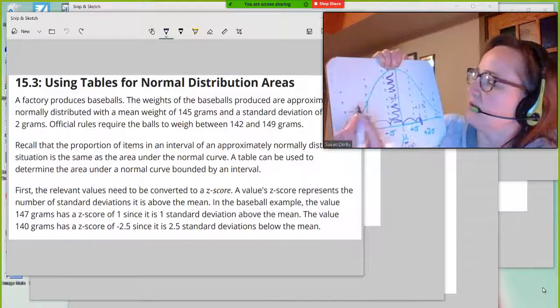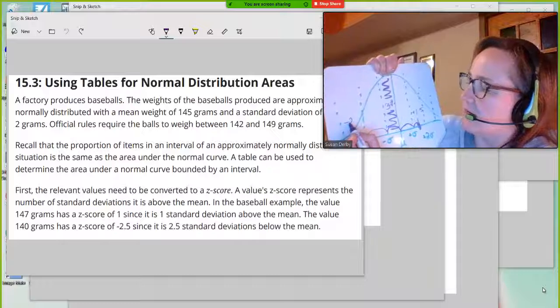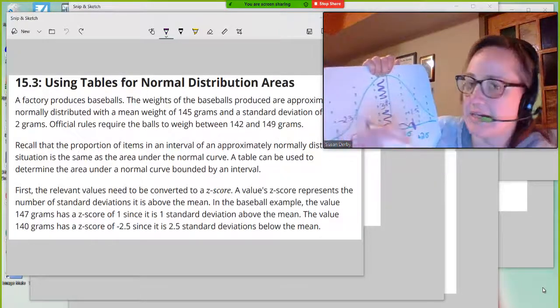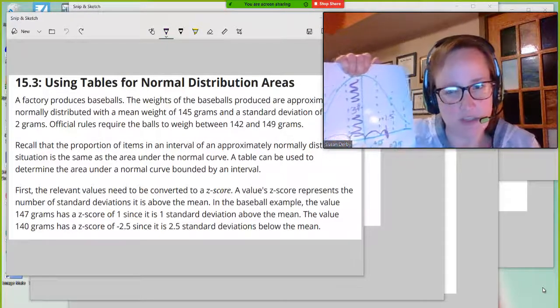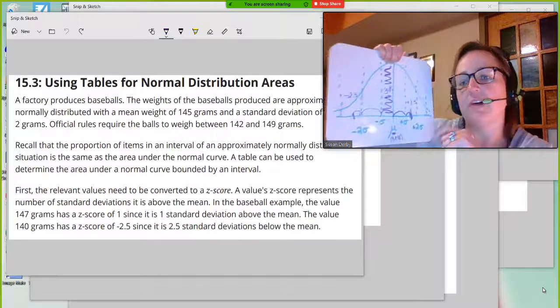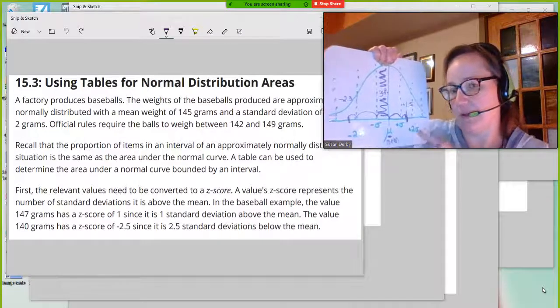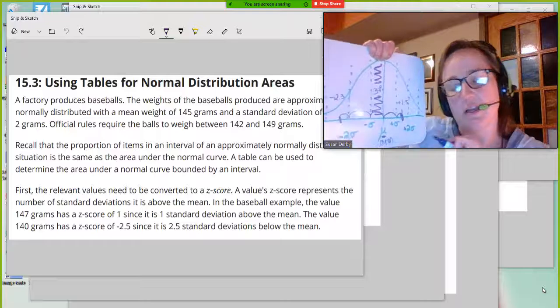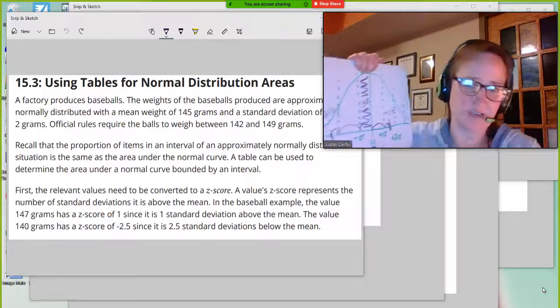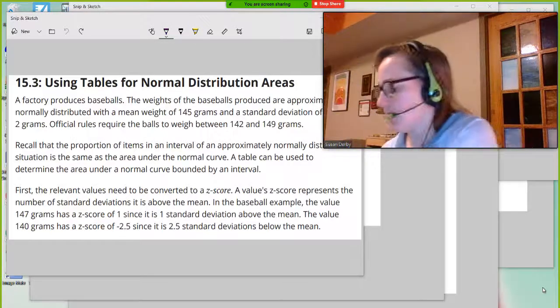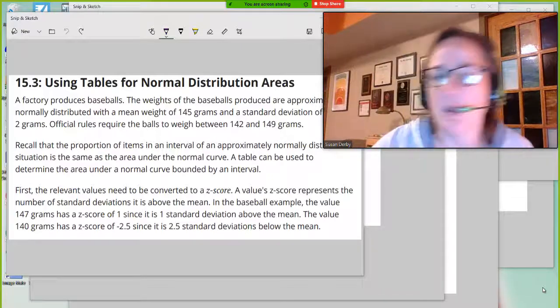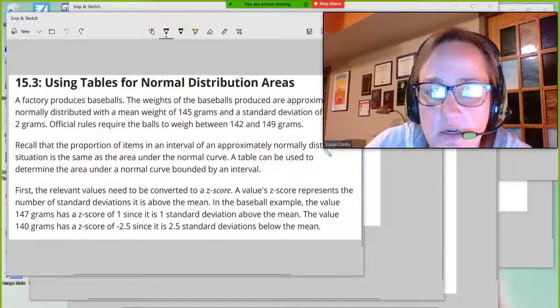So this one might have a z-score of negative 2.3-ish. A lot of you have heard me use the ishes before, and we're going to see that we can find something a little more specific than that. So keep this idea in mind that a z-score is just how many standard deviation chunks we are away from the mean. And we're going to look at a situation starting here in Lesson 15.